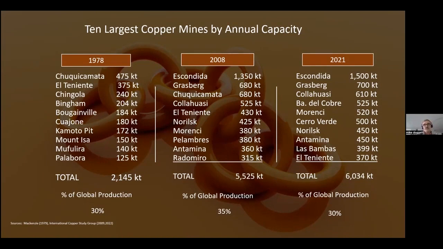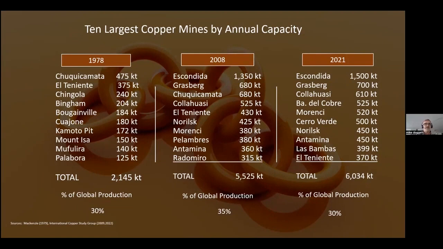Collectively, those 10 deposits or mines produced a little more than 2 million tons of copper.